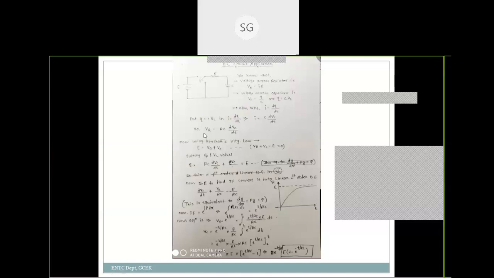So VR is equal to IR, I is having value C dVC by dt, and into R. So RC dVC by dt will be the value of VR. I think till now this derivation is very simple.